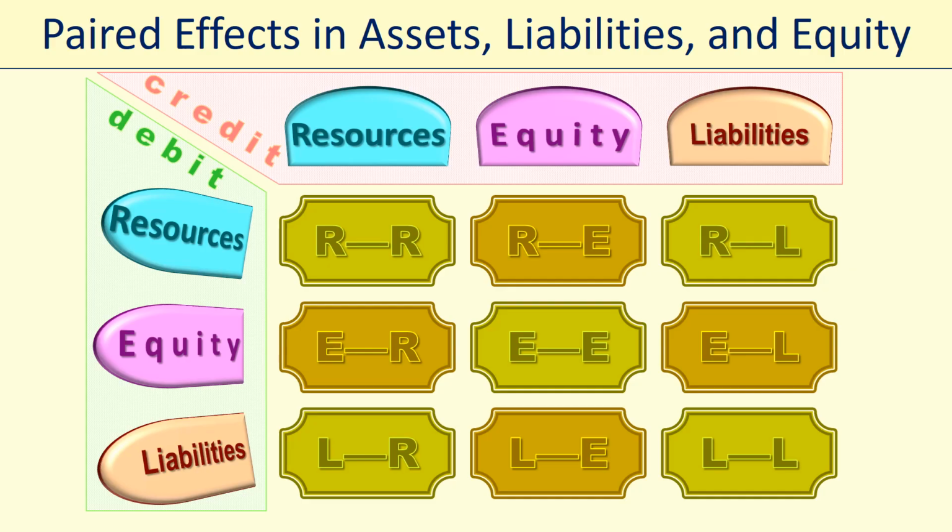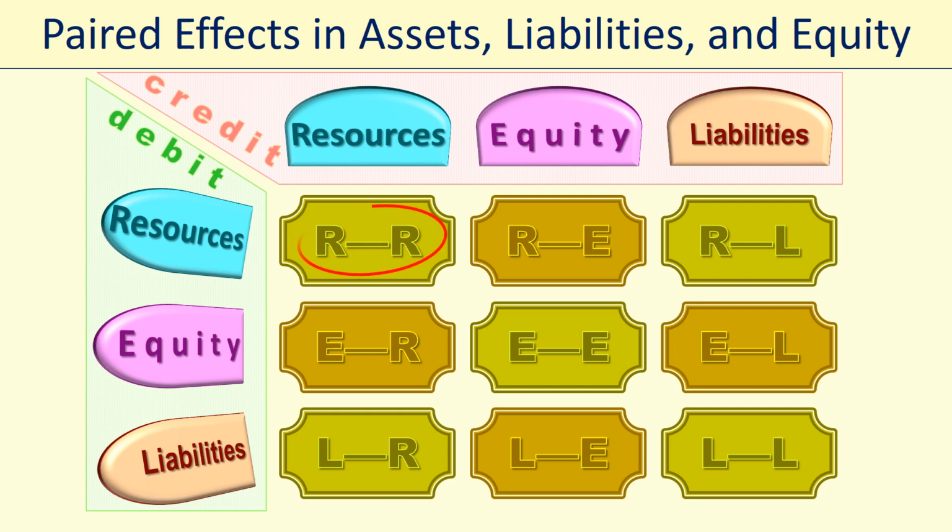Taking into consideration that we now handle 3 categories, resources, liabilities, and equity, the number of types of the impact of economic events on the balance sheet has grown from 4 to 9, because 2 times 2 is 4 and 3 times 3 is 9. We can write down these 9 types of accounting entries.